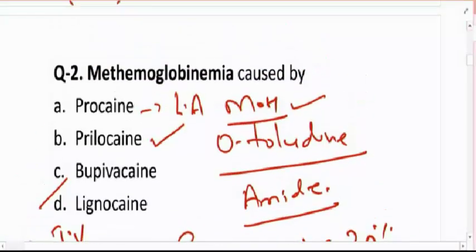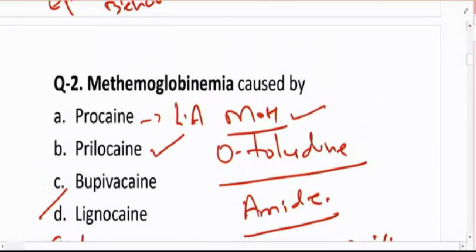Now, as far as lignocaine is concerned, lignocaine is an intermediate acting local anesthetic. Again, it is an amide.